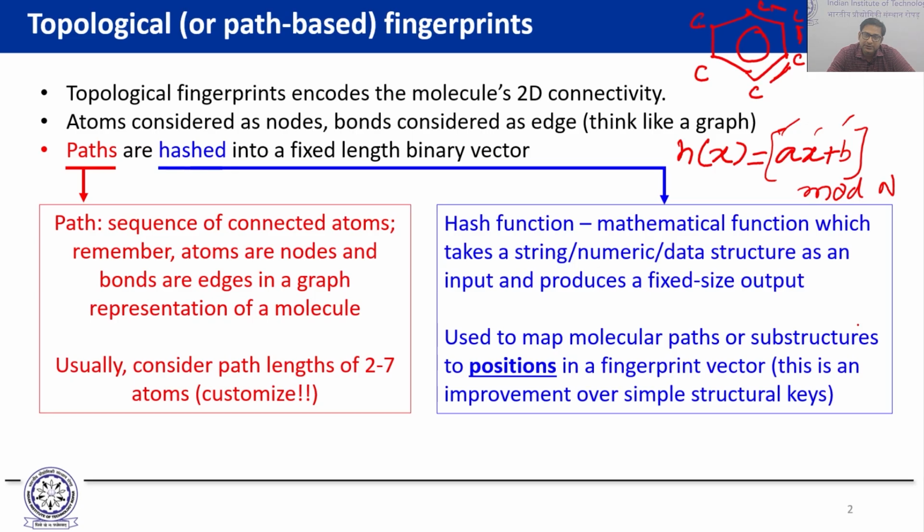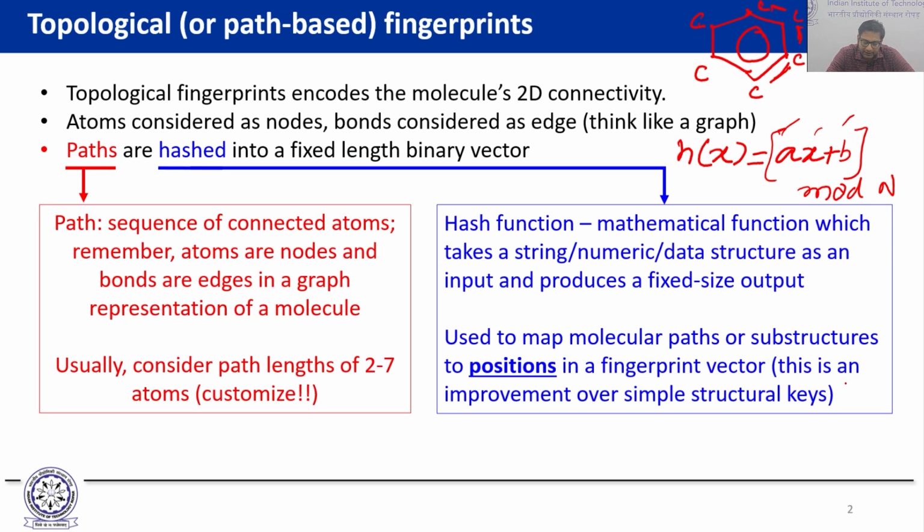When you were using the structural keys, all you were doing was identifying the substructures. So you could have the same type of substructures, but if they are occurring at different positions, the structural keys will not be a very good way of resolving them, and that is where this type of topological path function, where the paths get hashed onto the fingerprint vector that you are building, comes into play.